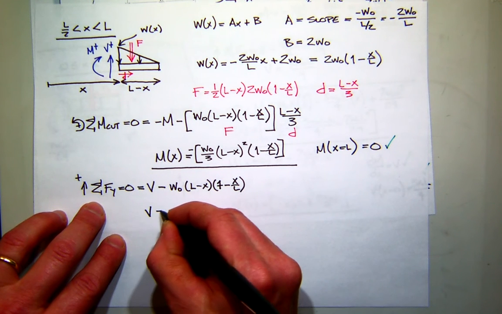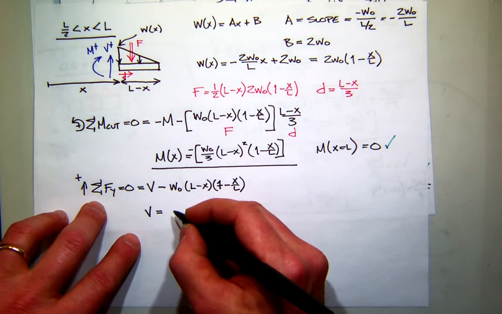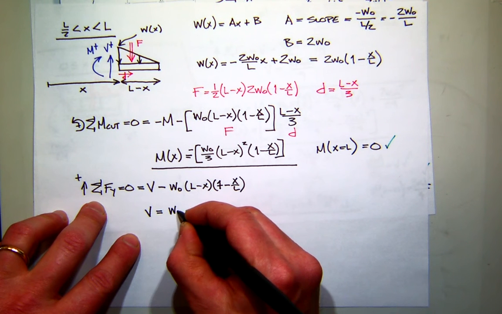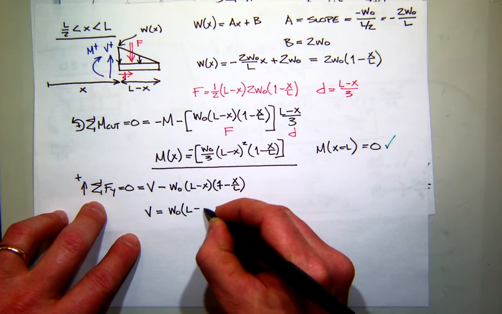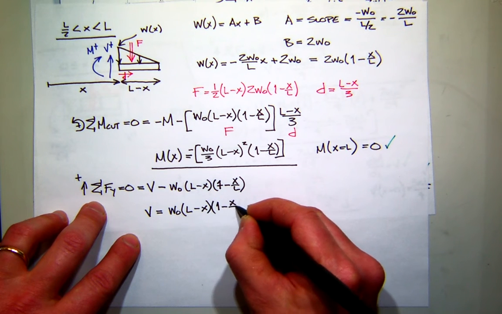So the shear would be W naught times L minus X times 1 minus X over L.